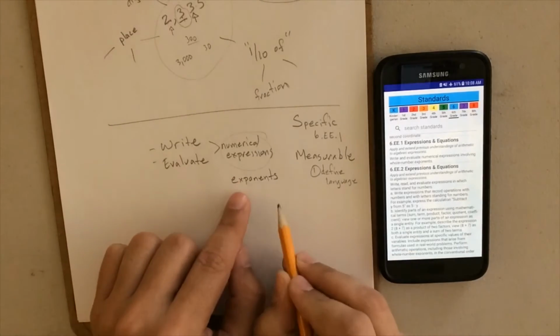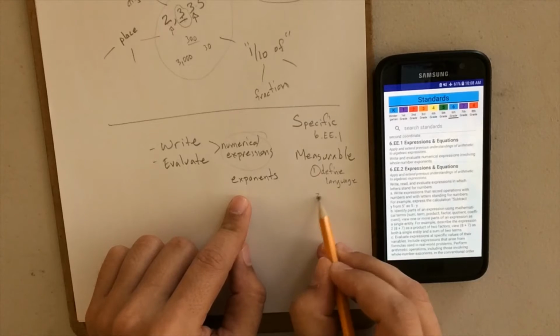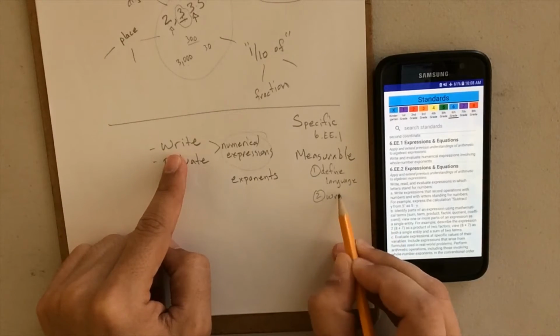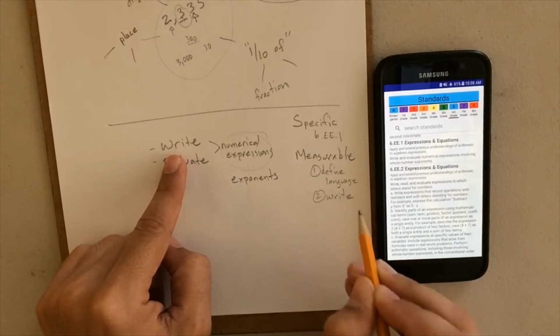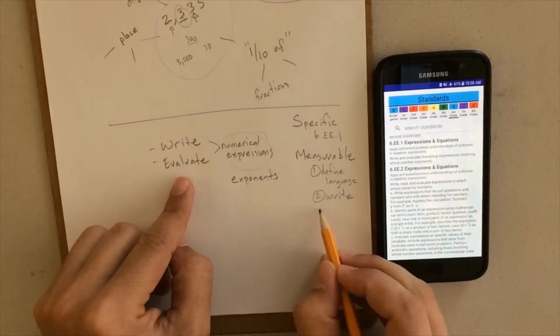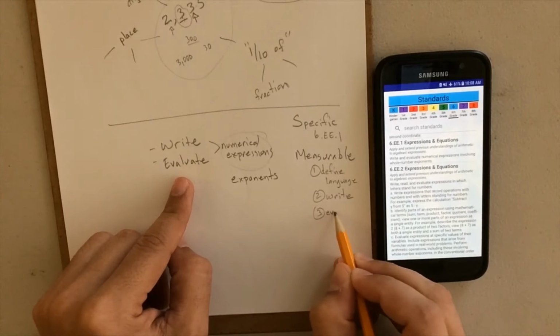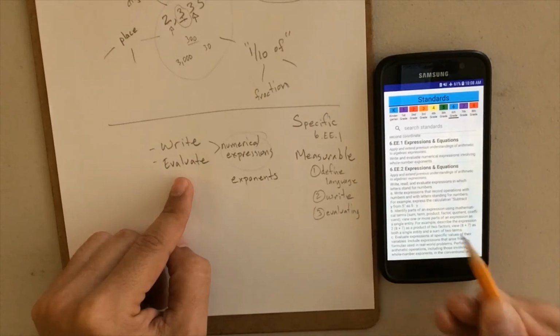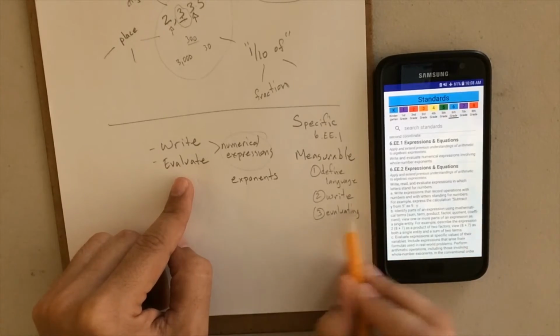Because once we know what these words are, we can then start using them, yes? So now let's maybe make the second step writing these numerical expressions, cool. And then maybe the third step is evaluating. So we're going to want to know what evaluating means exactly. Like, what do you want me to do in order to evaluate?